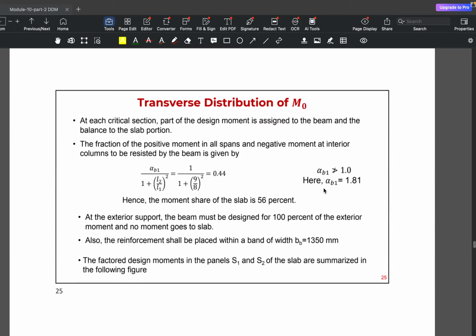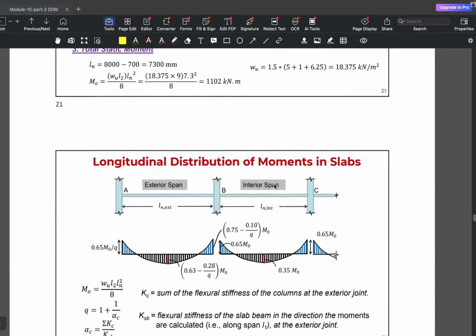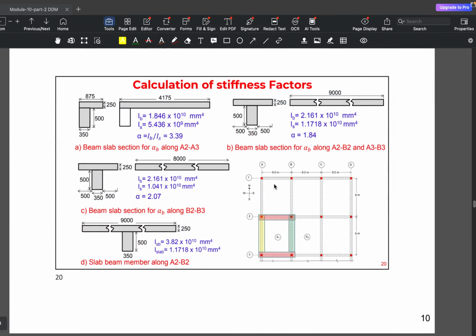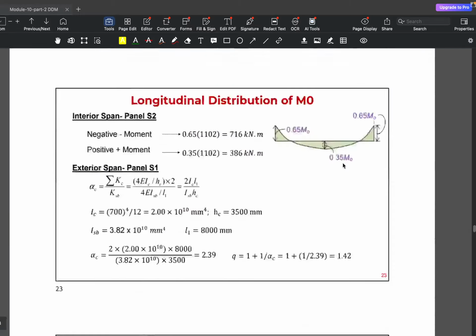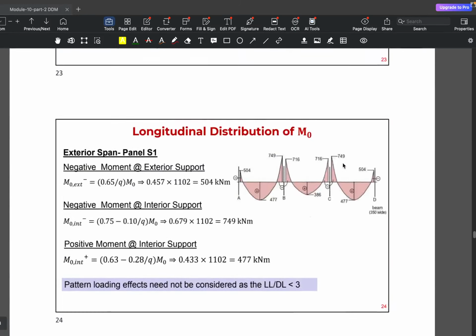Yeah, so alpha b1, corresponding to that beam, I think it is 1.81. Wait, let me go back and see. 1.81. Okay.